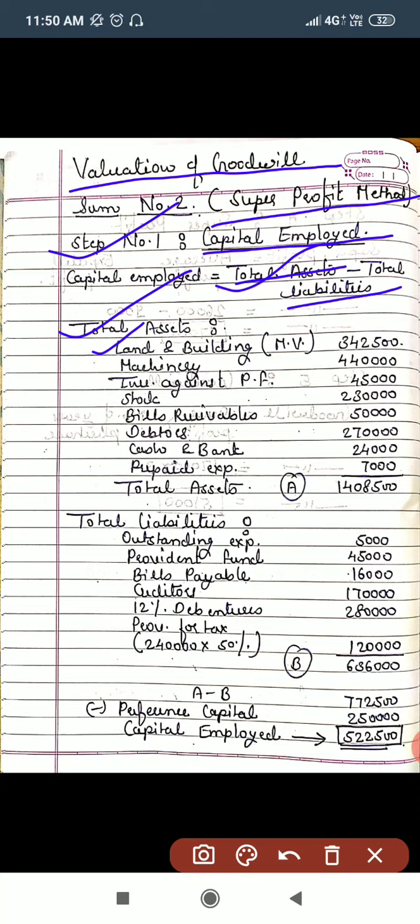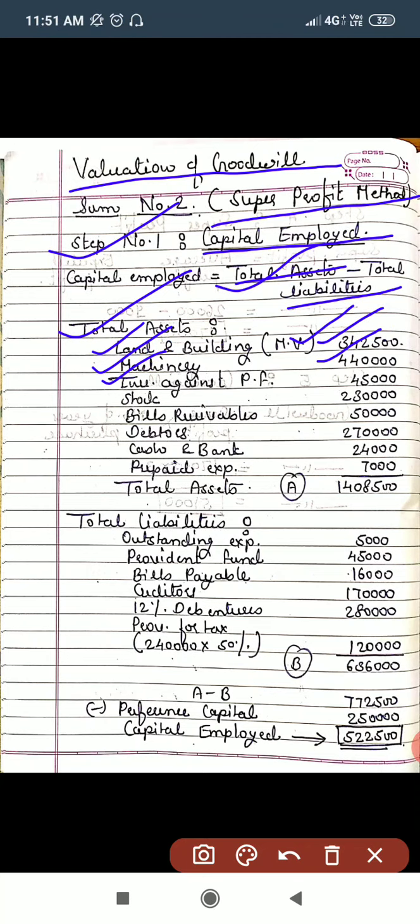It is there at rupees 2,30,000, and instruction number 1 specifies that the market value of the land and building is rupees 3,42,500, and that is why we will consider the market value itself, that is rupees 3,42,500. The next asset, machinery, rupees 4,40,000.